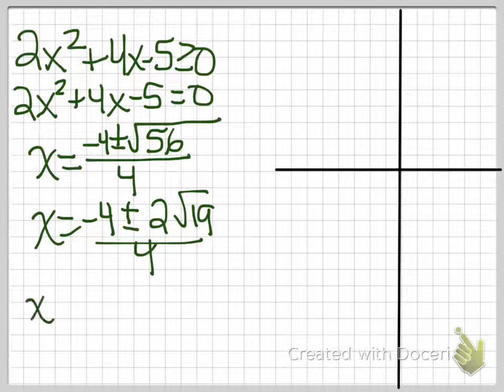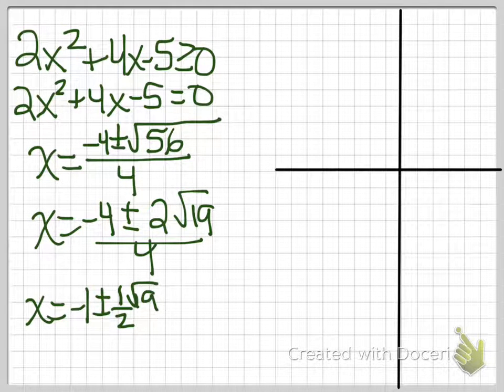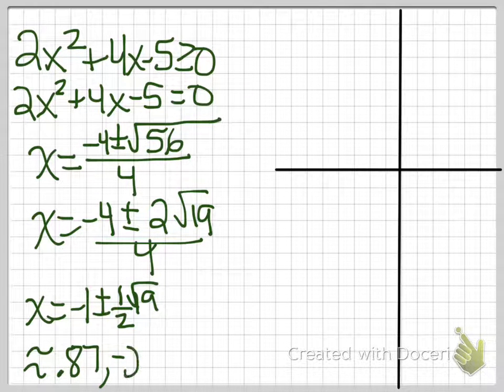That gives me x equals -1 plus or minus 1/2 root 19. Those are my two roots, which doesn't really help me with graphing. It's approximately 0.87 and negative 2.87, just so I know where to put it on the graph. So it's going to be about here and here.